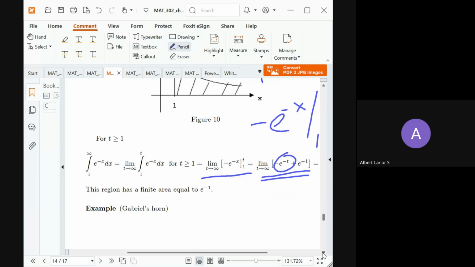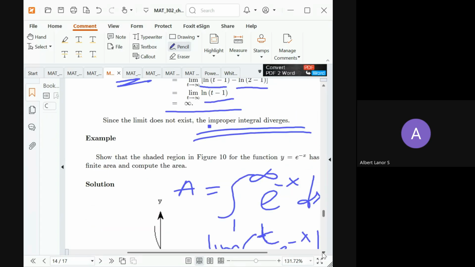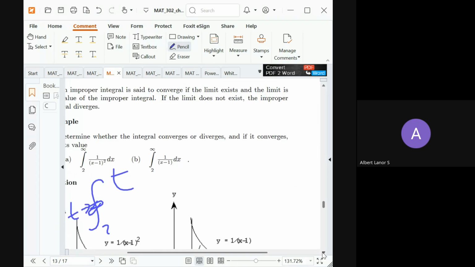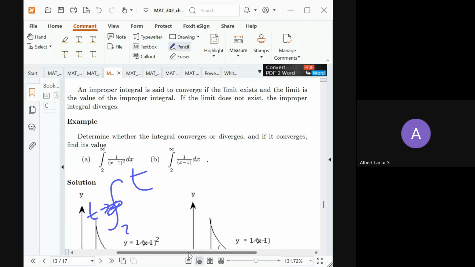Okay, so in the previous example, I wanted to mention this. See that the one with the square in the denominator converges. This one converges, but this one diverges. The 1 over x minus 1 diverges.